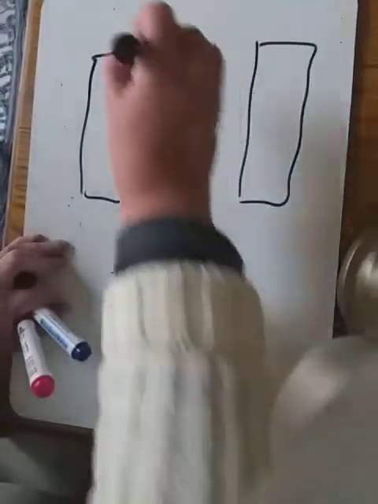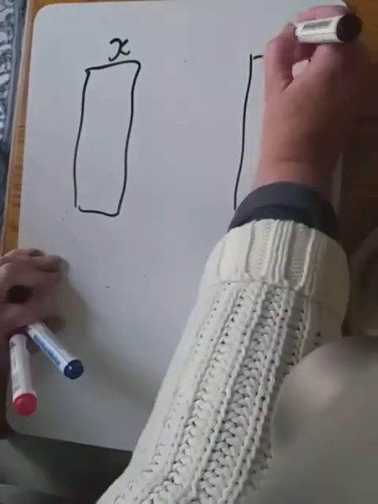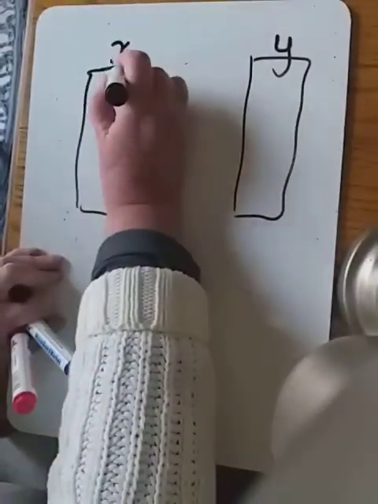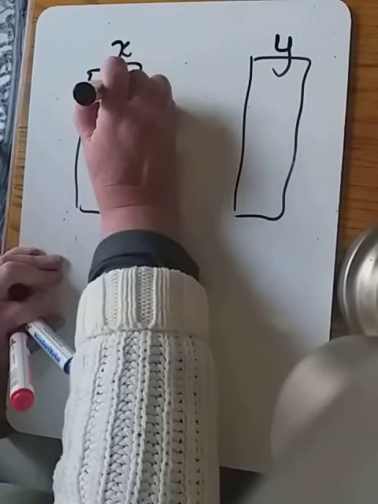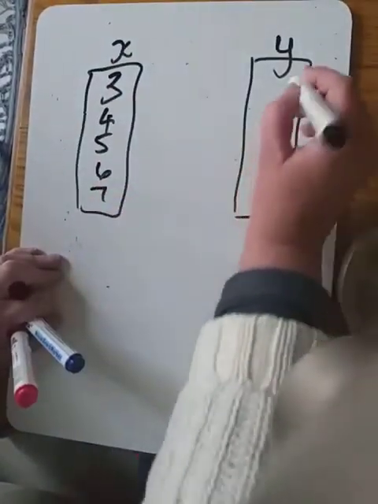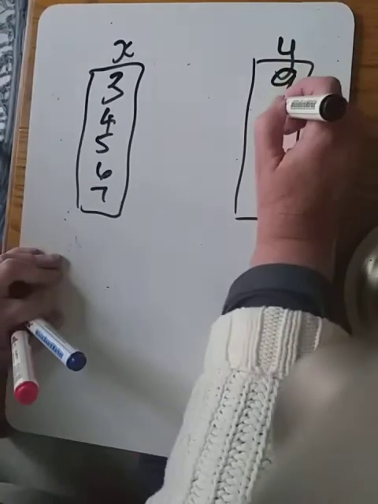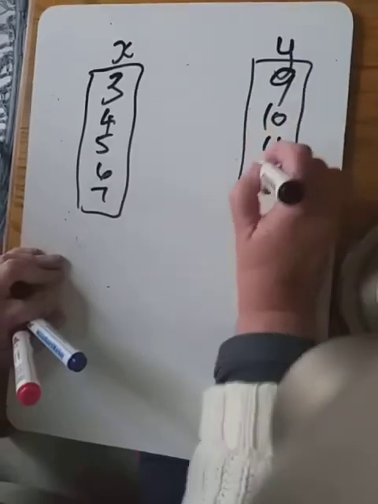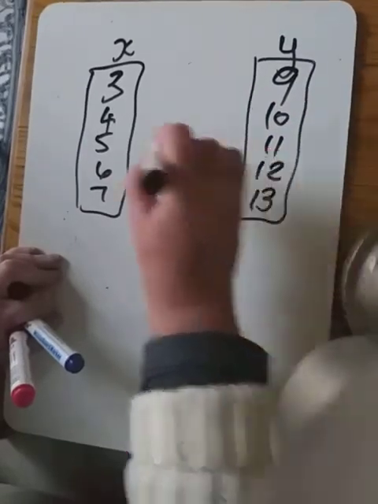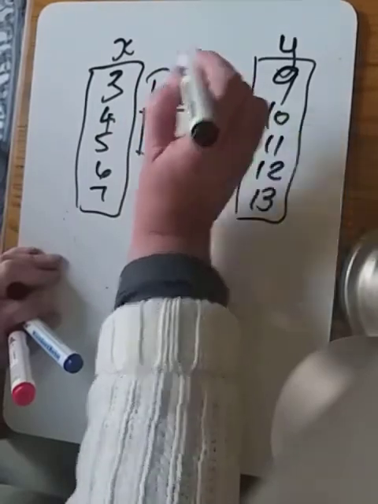This is X, and that is Y. This one's got 3, 4, 5, 6, and 7. This one's got, say, 9, 10, 11, 12, and 13. So I want to know what is the rule.